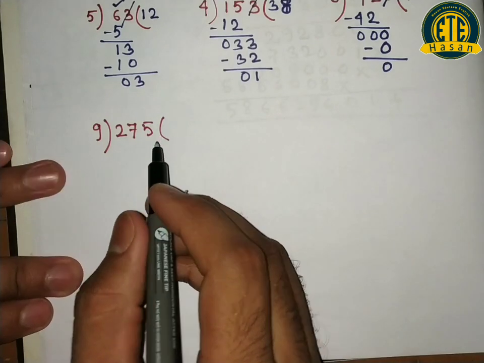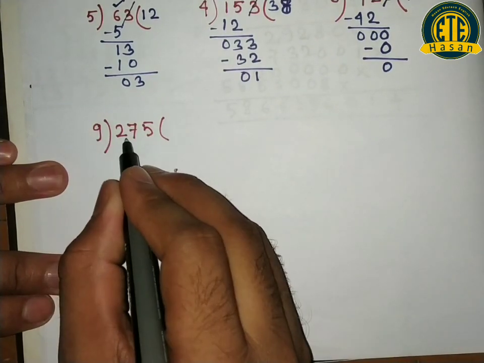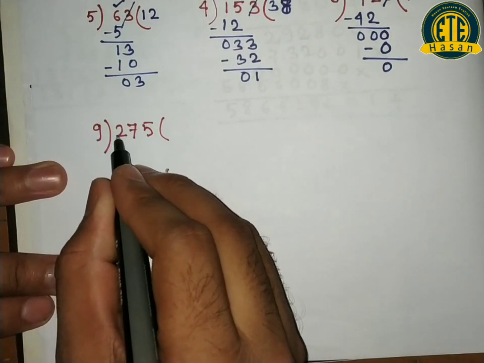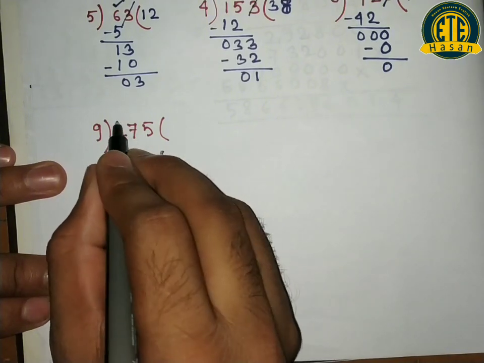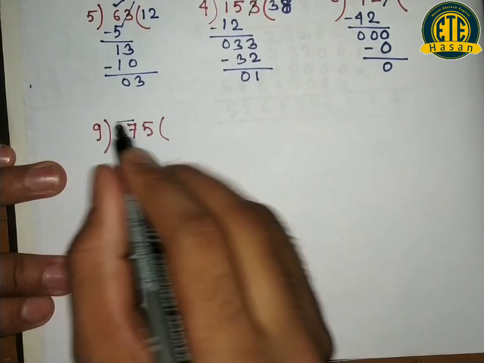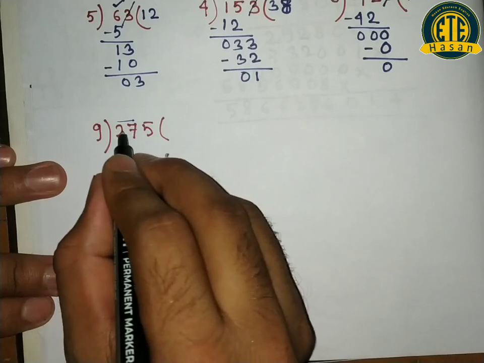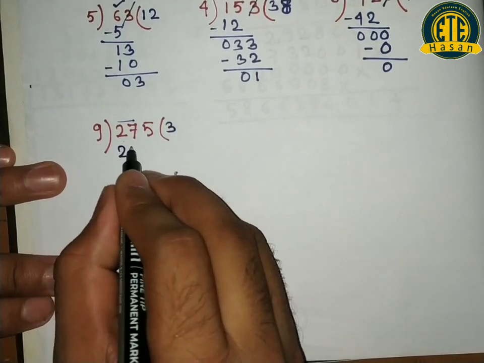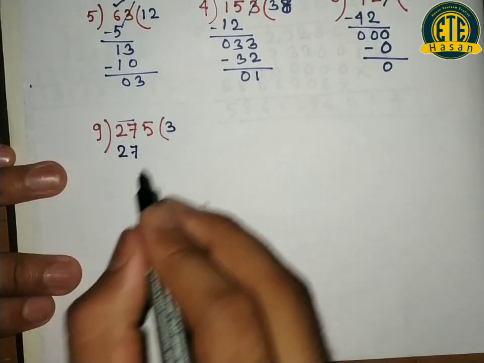Let's solve it. Firstly I will take the first number. 9 is greater than 2, so I will take two numbers. 9 ones are 9, 9 twos are 18, 9 threes are 27.